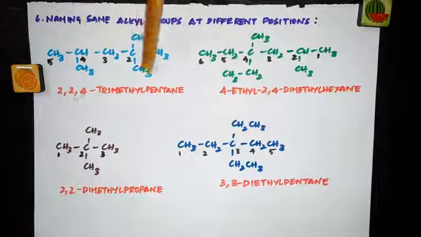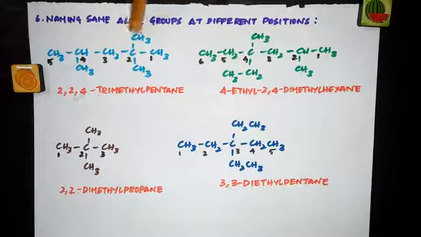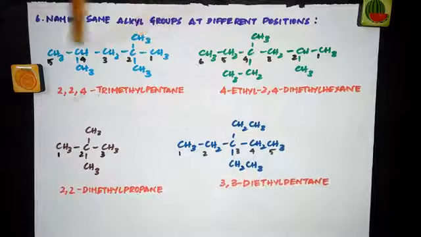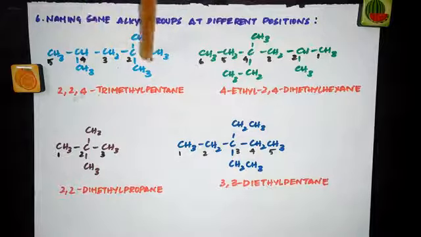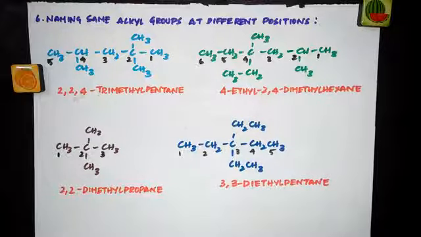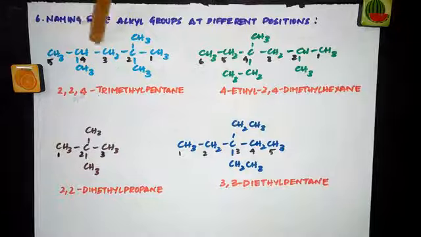All three substituents are methyl groups. When the same alkyl group occurs more than once on the parent chain at different positions, the positional number of each alkyl group is separated by commas and suitable prefixes like di, tri, tetra are attached to the name of the alkyl group.